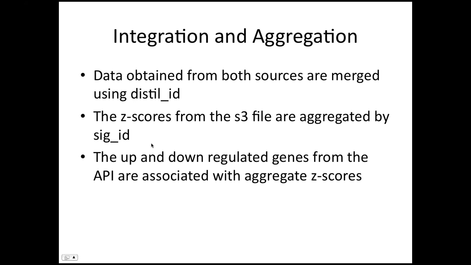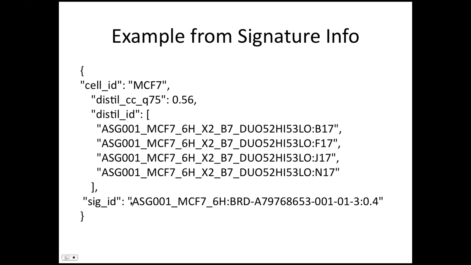So this is what is obtained from the API. The signature level information is obtained from the API, and these scores are not at the signature level, but the Z scores are obtained at the distal level. So what we have to do is associate these scores for the distal IDs with the signature.